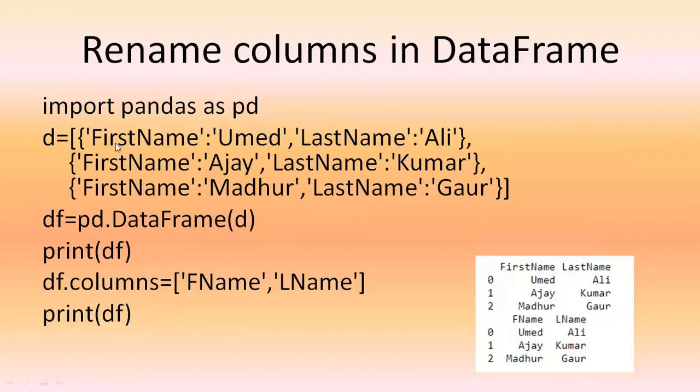After creating this data frame, you can rename it with the help of df.columns. In the first run you will see first name, last name, and in the second run, after renaming, you will see F name and L name. In this manner you can change the names of columns in your data frame.